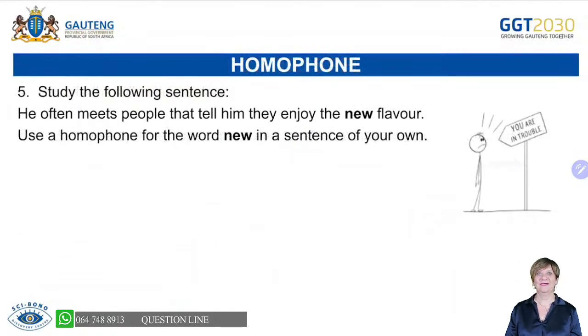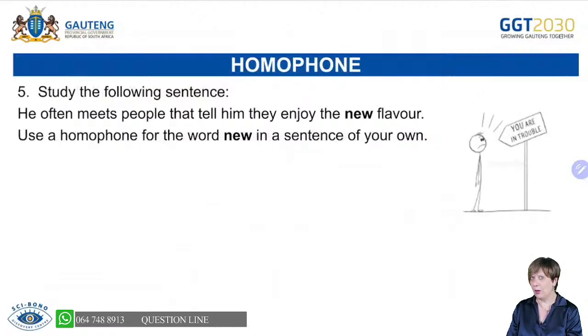Here's my homophone. So this is how it's often asked. Study the following sentence. He often meets people that tell him they enjoy the new flavor. Use a homophone for the word "new" in a sentence of your own. Now you know new, homophone. Can you remember? Different spelling, different meaning.